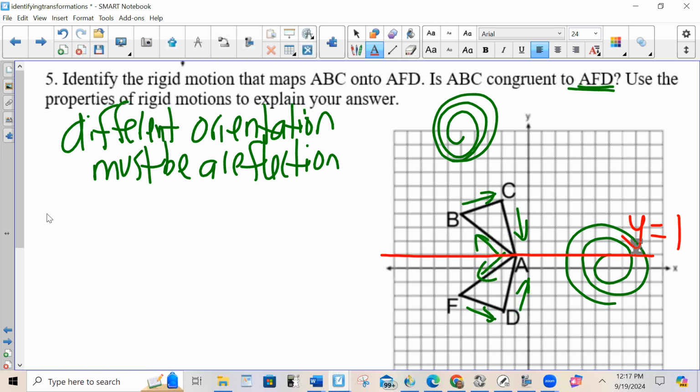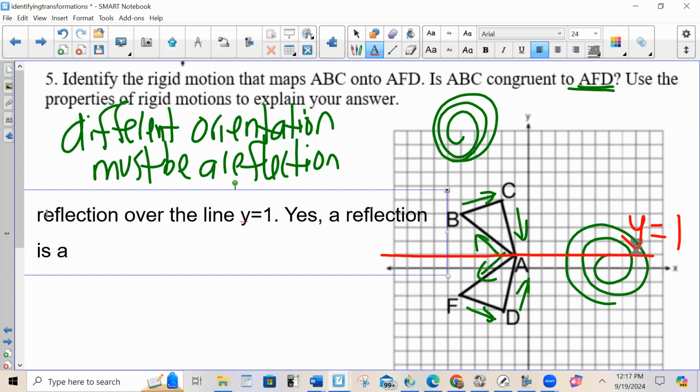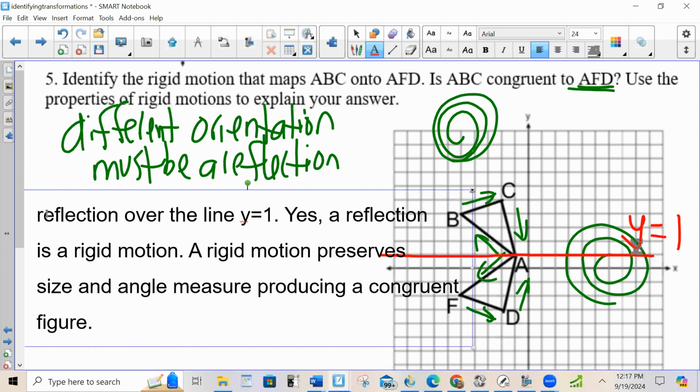So it's a reflection over the line y equals 1. Are the triangles congruent? Yes. A reflection is a rigid motion. A rigid motion preserves size and angle measure, producing a congruent figure. And that's it.